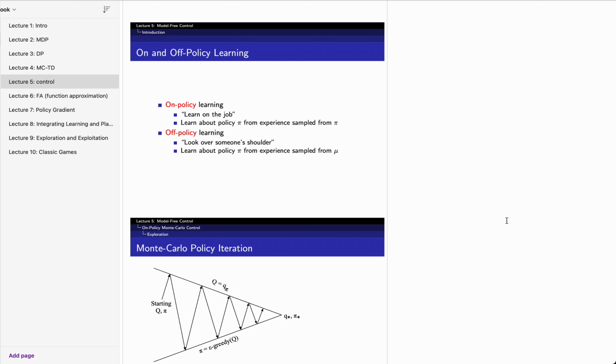That's called off-policy learning. There are several benefits of off-policy learning because you can reuse your previous experiences, and you can use different training sets to train the current policy.